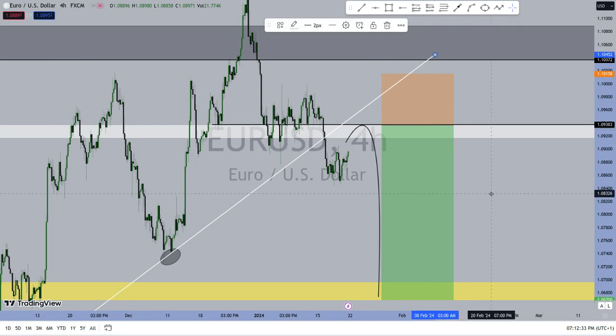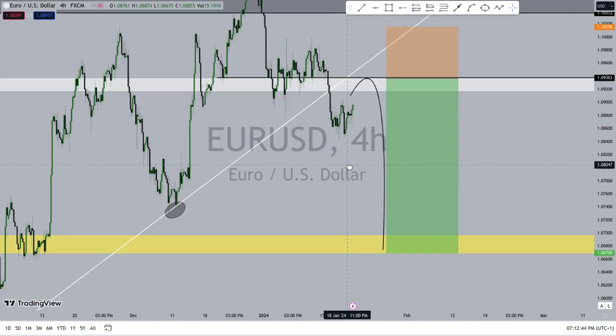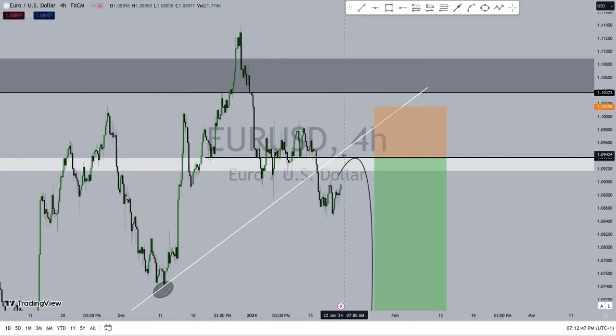Euro USD has clearly given us a clear break of this counter trend line, and now we are anticipating it to come and retest this level, which is going to give us an edge to short Euro USD to the downside.